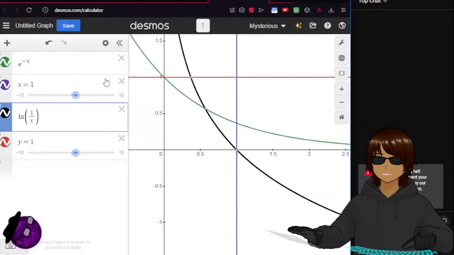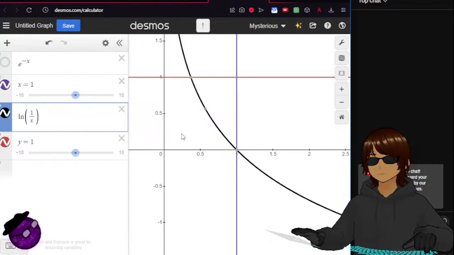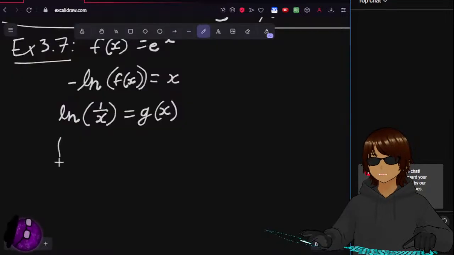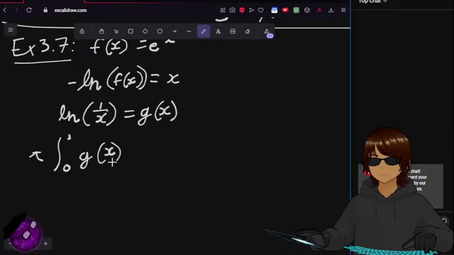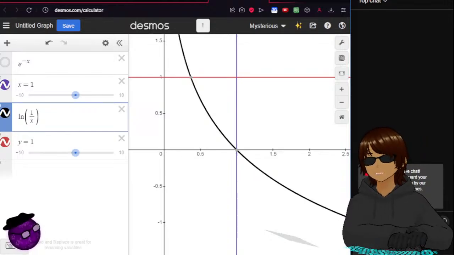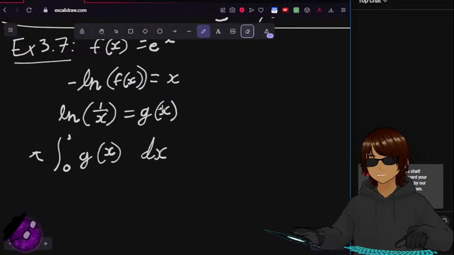Is the same as asking the area of this part going around the x-axis, right? So I do 0 to 1, it's not really x, it's more like y. It's easier to imagine if it's y.